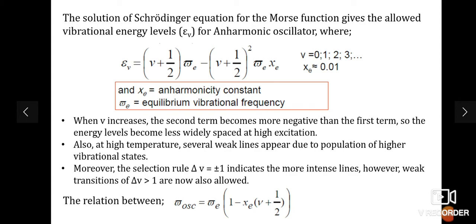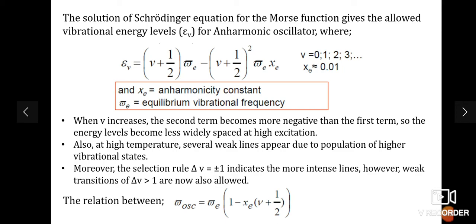The solution of the Schrodinger equation for the Morse function gives the allowed vibrational energy levels for the anharmonic oscillator, and remember this equation, where xi is always positive and is the anharmonicity constant. When the vibrational quantum number increases, the second term becomes more negative than the first term, so the energy levels become less widely spaced at high excitation levels.